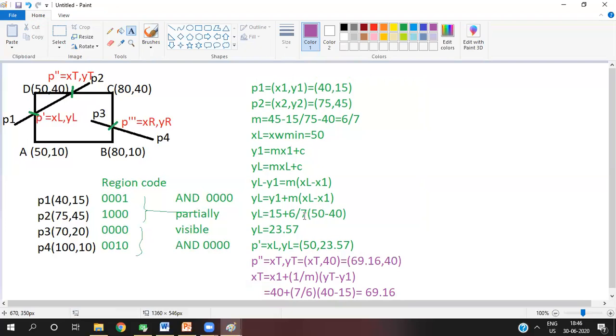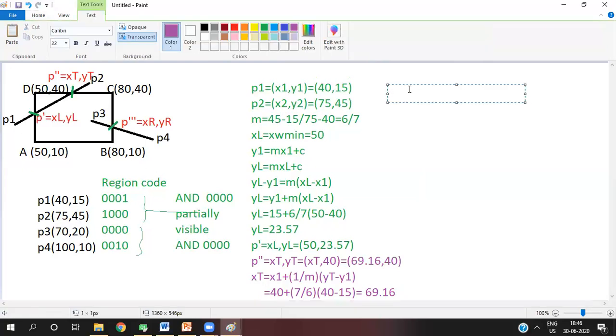And for the P3 P4 line, calculate the slope of the line: y2 minus y1 divided by x2 minus x1. Okay, so 10 minus 20 divided by 100 minus 70 over here. Okay, so minus 10 divided by 30, so it's minus 1 by 3.